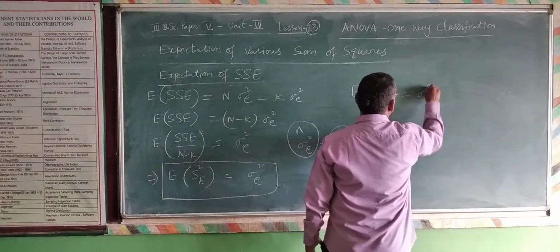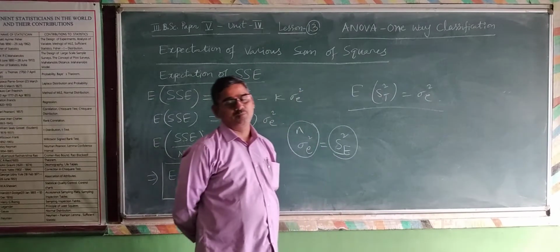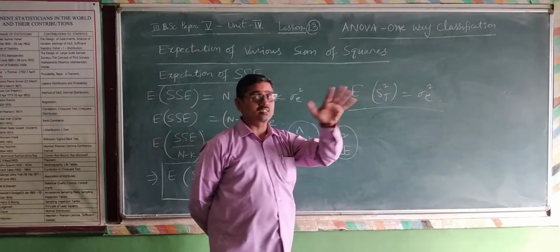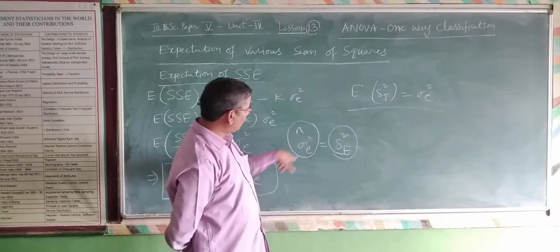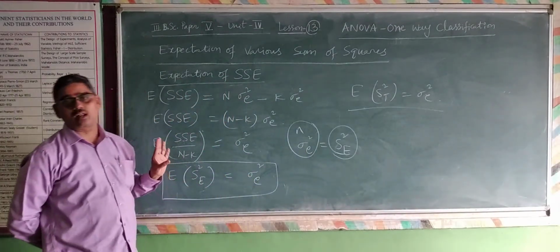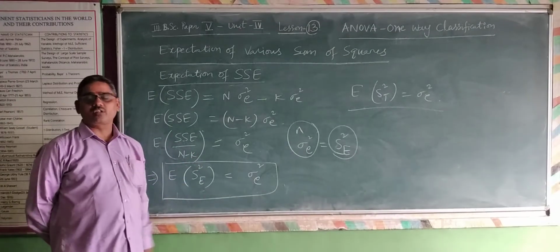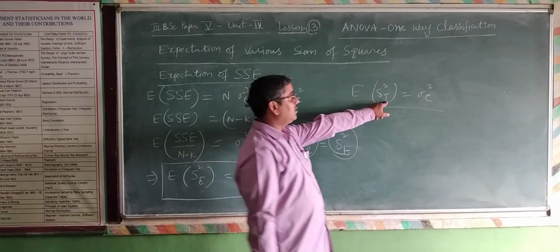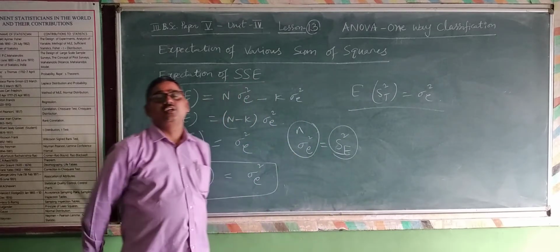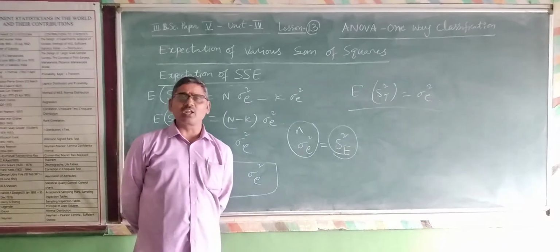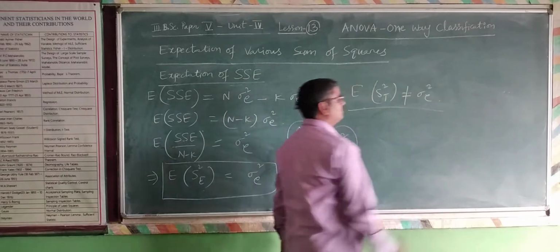This holds only under the null hypothesis H naught: alpha 1 is equal to alpha 2 is equal to alpha k is equal to 0, that is, all treatment effects are the same. Otherwise, s square T is not an unbiased estimator for sigma square e. That is the difference between there and here. For s square e, it is true even without considering the null hypothesis.